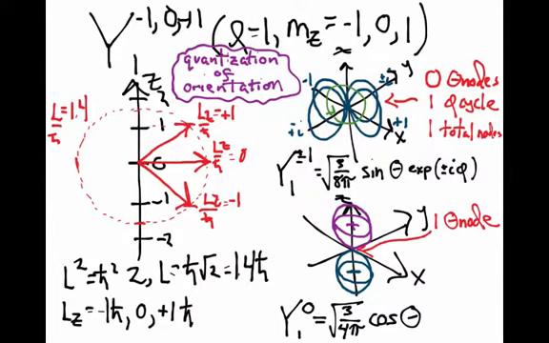So now we've got one theta node. We really do cross 0 in theta, but there's no dependence on phi at all, so there's no cycles in phi. And once again, we have one total node in this solution.